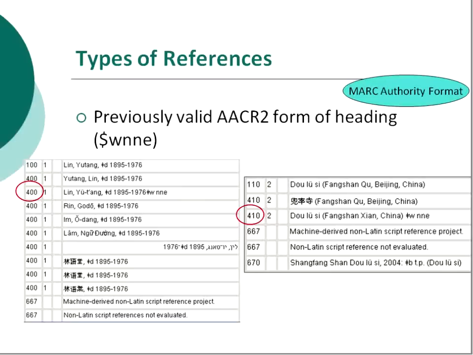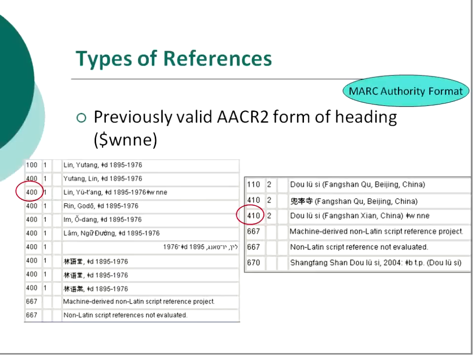So after the Pinyin conversion project, all the formerly romanized forms, which were Wade-Giles forms, were coded under WNNE in the 400, which we call previously valid AACR2 form of a heading. So that was one instance where the WNNE form was used.